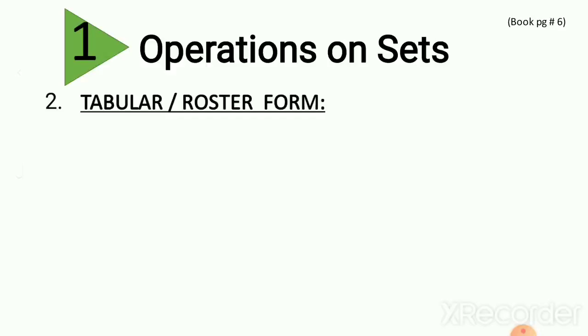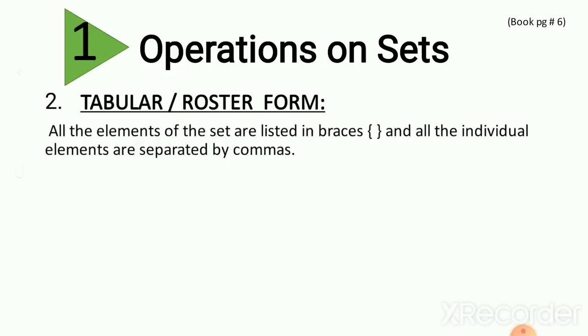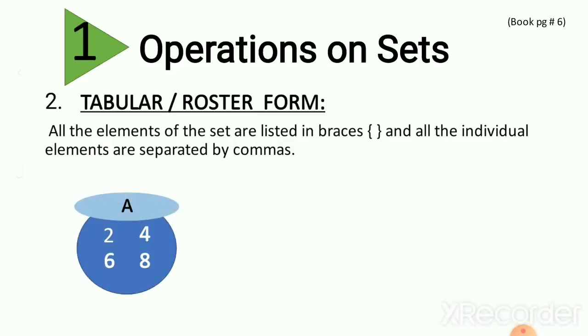Next is our tabular or roster form. In this form, all the elements of the set are listed in braces, that are curly brackets, and all the individual elements are separated by commas. Here we will take the example from the previous set A, which contains the elements 2, 4, 6, and 8.